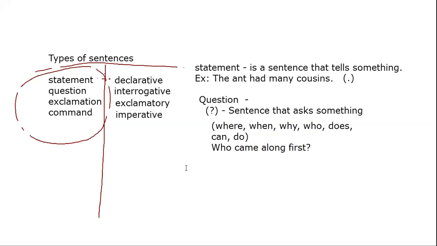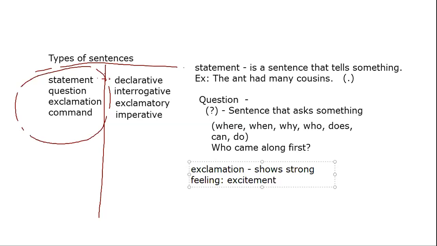The next one, exclamation sentence, also known as exclamatory. It shows strong feeling. And I like the word excitement. It also shows excitement, okay? So you're going to read your sentence, and if it has an exclamation point at the end, we know it's an exclamatory sentence if it shows excitement.